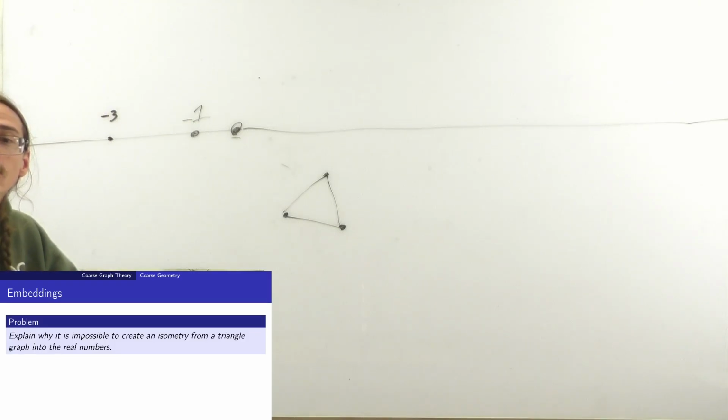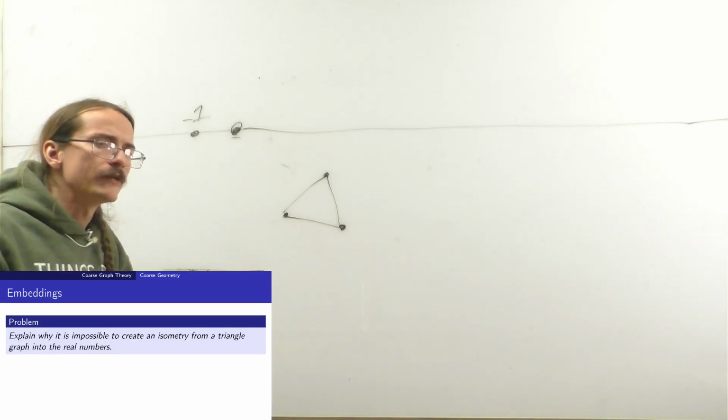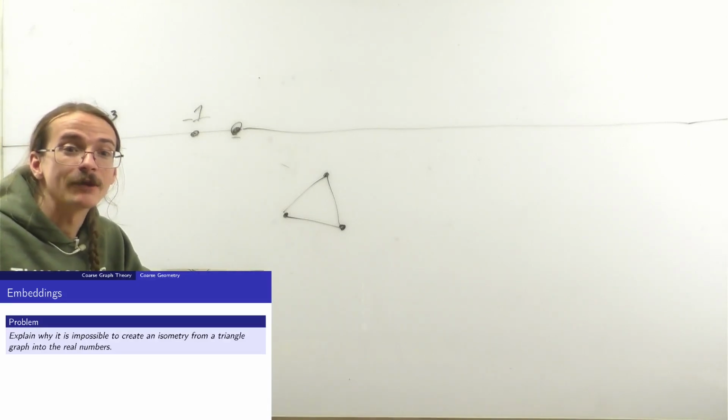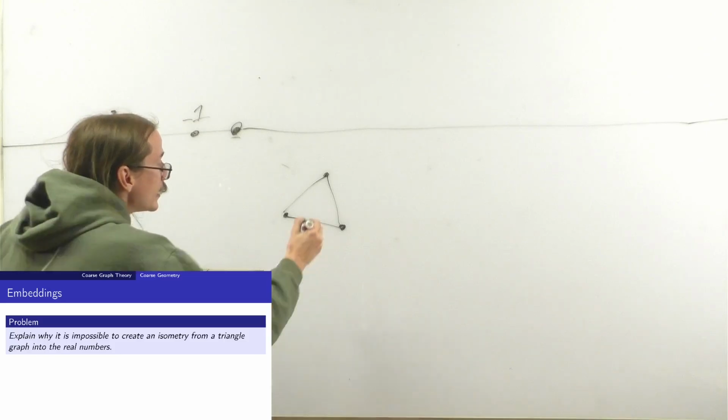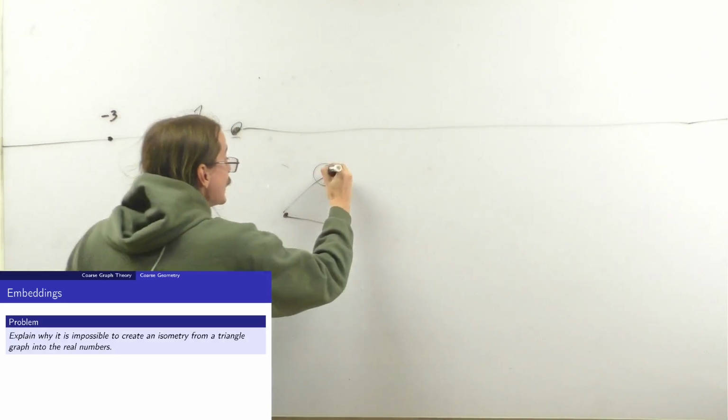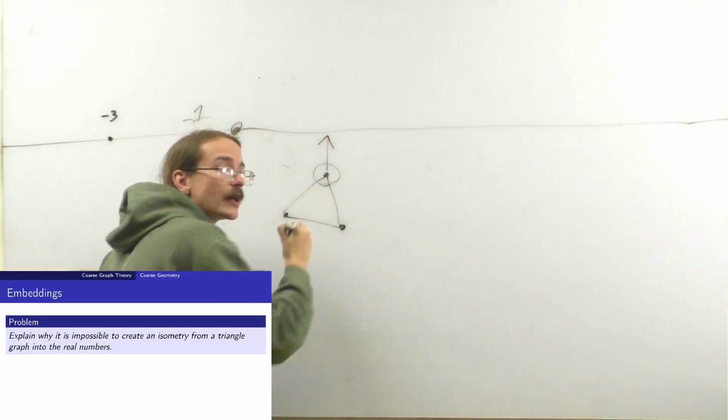So just turning that into a proof real quick, proof by contradiction, the best kind of proof, yes, I will live and die by this assertion. If we did have an isometry from this triangle into the real numbers, this has to go somewhere.